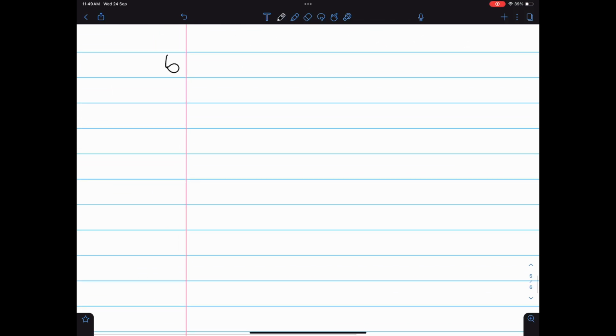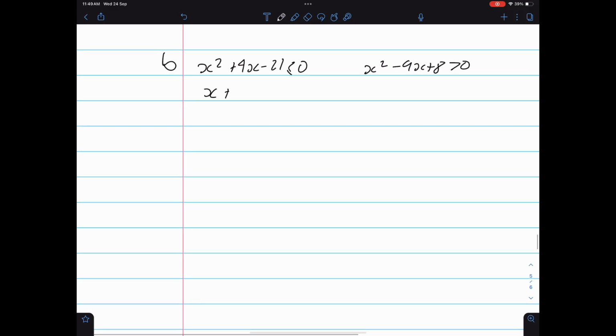And for B we'll do similar stuff. So (x plus 7)(x minus 3) is less than 0. So critical points, minus 7 and 3.